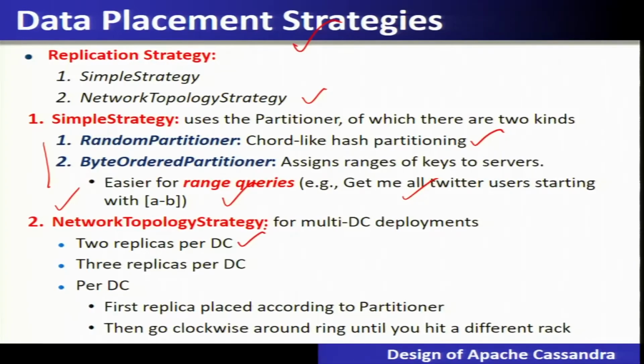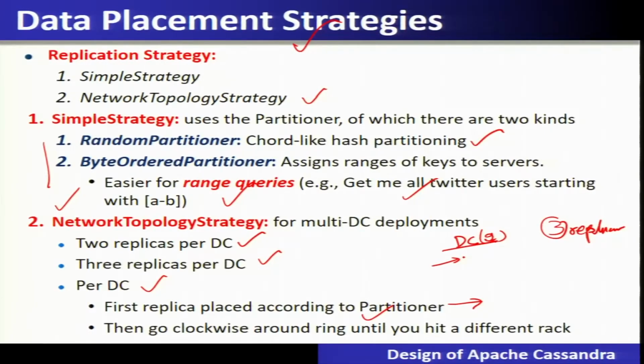It says that there are 2 replicas per data center and the third replica will be on another data center. So per data center, the first replica will be placed according to the partitioner, then you go around the clockwise ring until you hit a different rack. So if you have 3 replicas, and the first replica points to a particular data center, this data center will have 2 replicas, organized in the following manner.